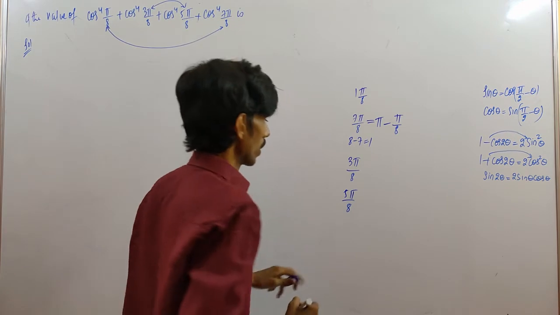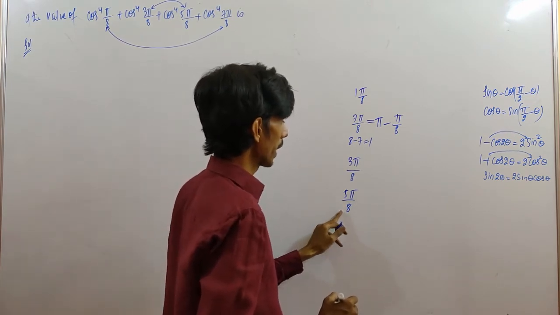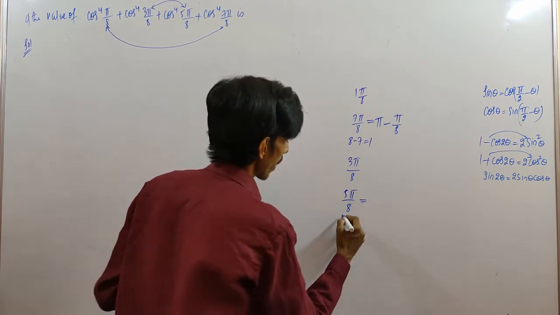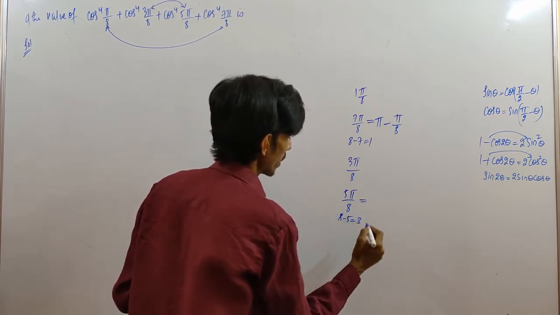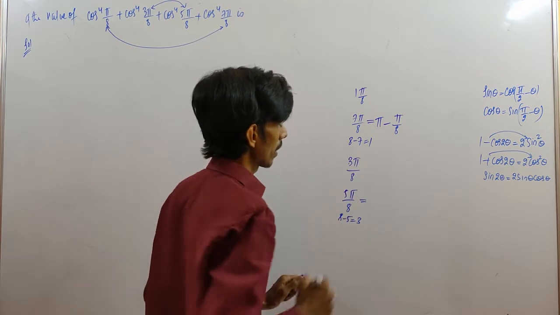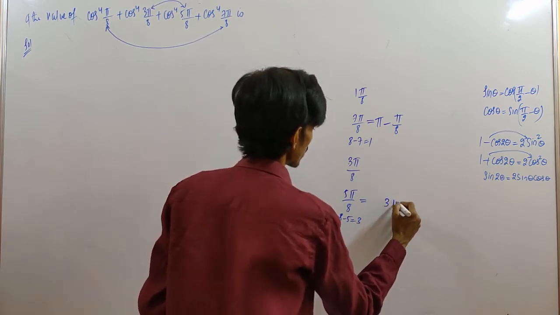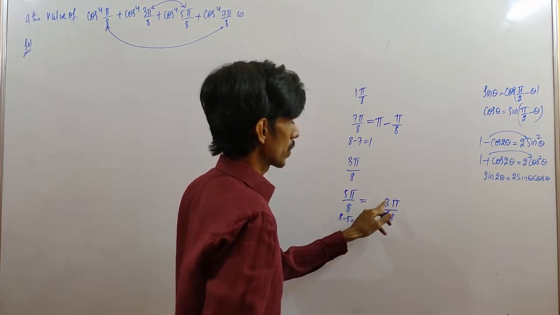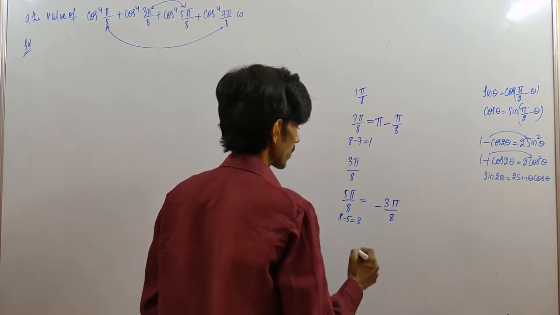Now modify 5 pi by 8 in terms of 3 pi by 8. 8 minus 5, how much? 8 minus 5 is 3. So here we have 3 and here we have 3. So 5 pi by 8 can be written as 3 pi by 8. Here put minus sign.